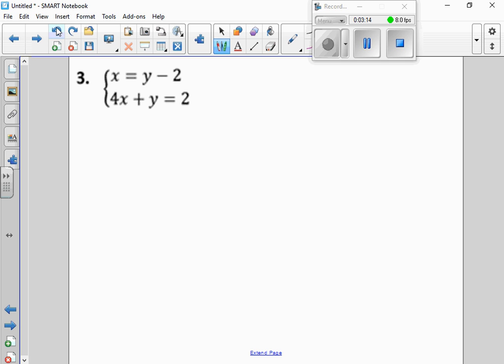All right, so example number 3, same steps we have to do. Make sure you get a variable by itself. This one, if you look as well, you have a variable by itself, but we still have to do some work. So we're going to substitute this and put it into the second equation, meaning wherever you see the x variable, you have to put in y minus 2.